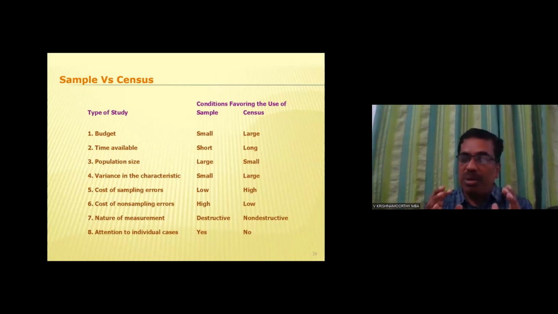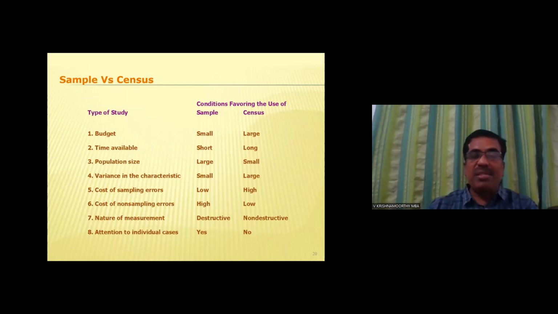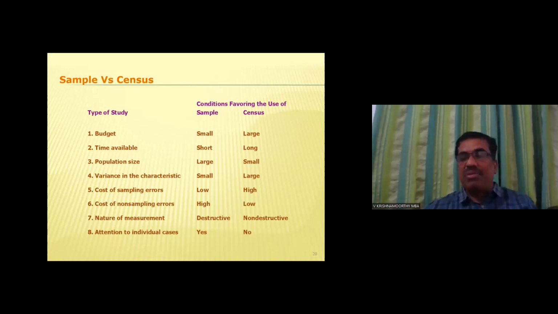We have only 2 months' time. Within 2 months we are supposed to collect the entire data. No other alternative, we are supposed to adopt the sampling method. Otherwise, if you have sufficient time, that means you have 5 years, 10 years, and you are supposed to submit the entire research report after 10 years, in such circumstances, you can use census.